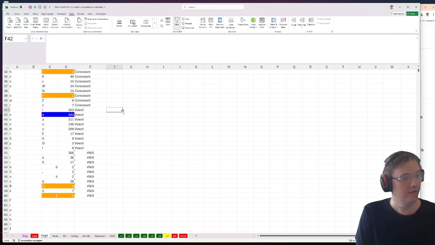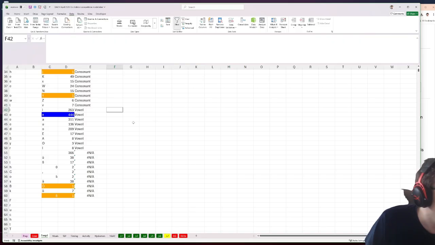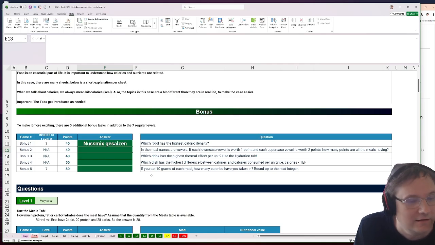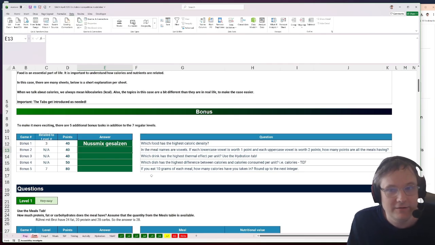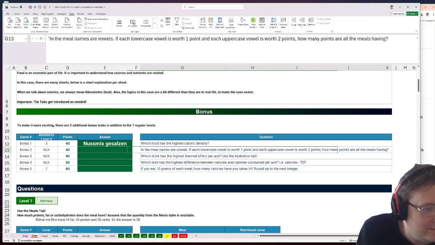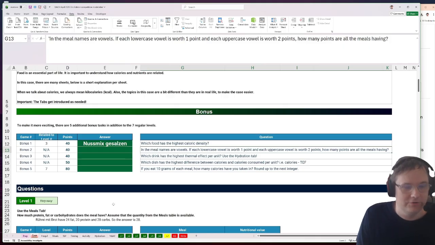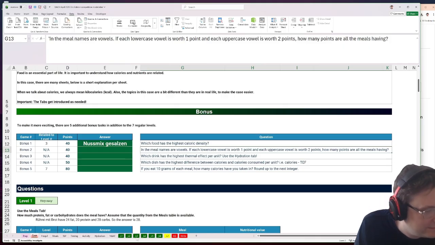All right. So then the number of points for a, oh crap, are these vowels? I don't know if these are vowels. All right, well, I'm just going to treat the accents as the same as not having accents, I guess. Each lowercase vowel is worth 1 point, each uppercase vowel is worth 2 points.